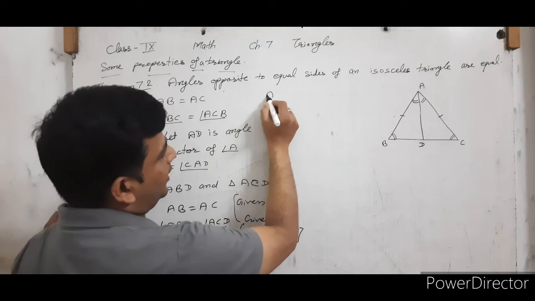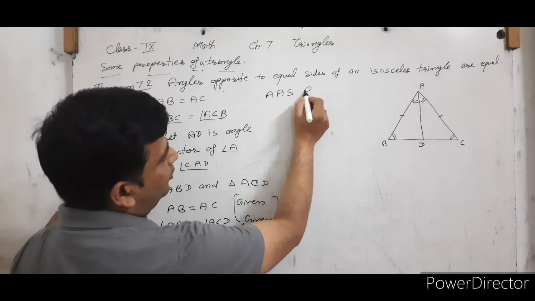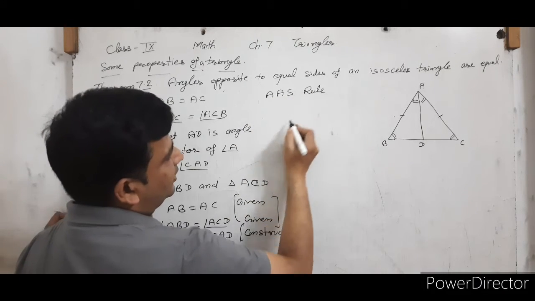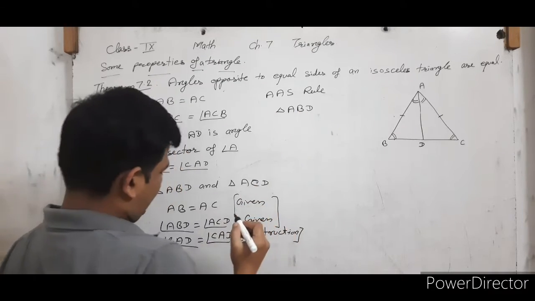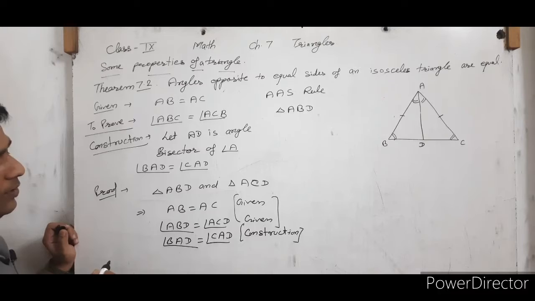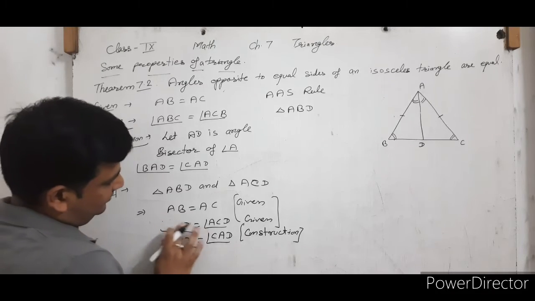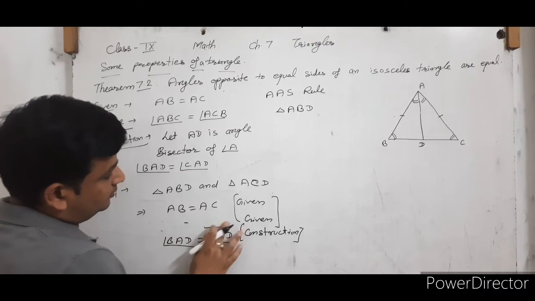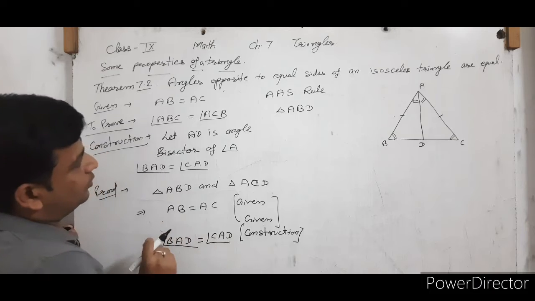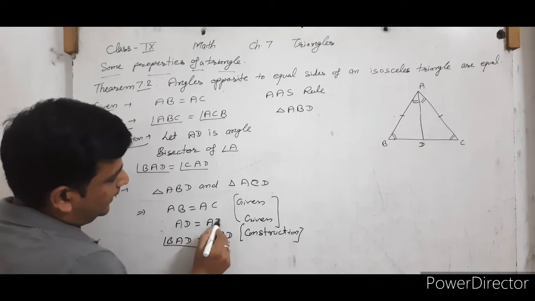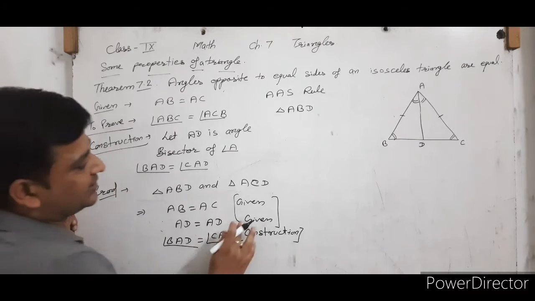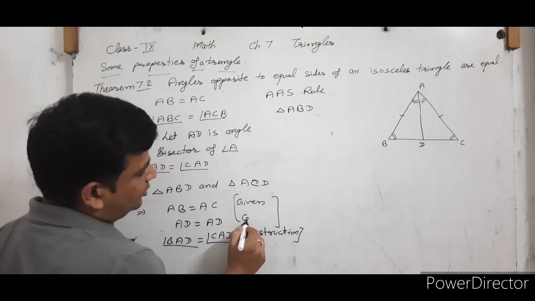We have to prove this. So we will take AD is equal to AD. It's a common side between these two triangles.